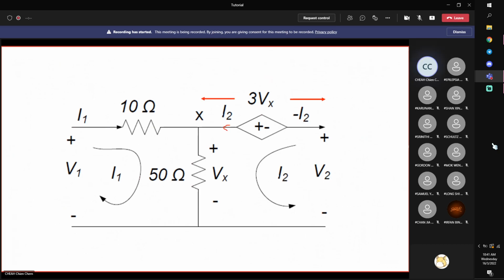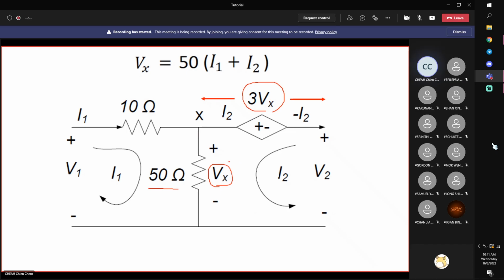Okay, next is to note that anything which is not in terms of the 4 variables, try to express it in terms of the 4 variables. Here we have a dependent source, 3Vx. This is a voltage source, right? The voltage here depends on Vx. Vx is the voltage across the 50 ohm resistor.